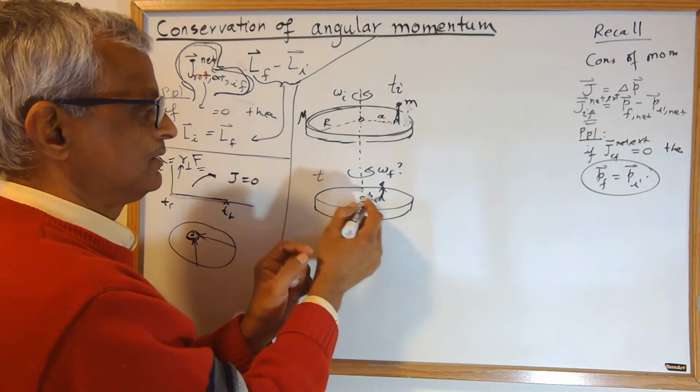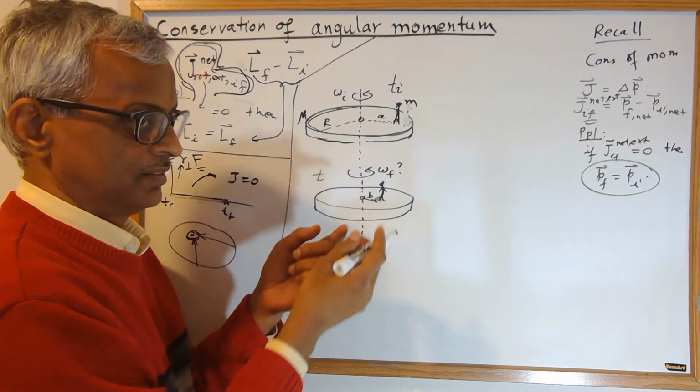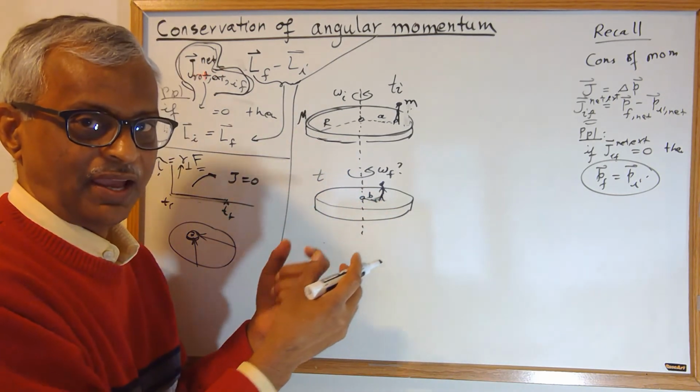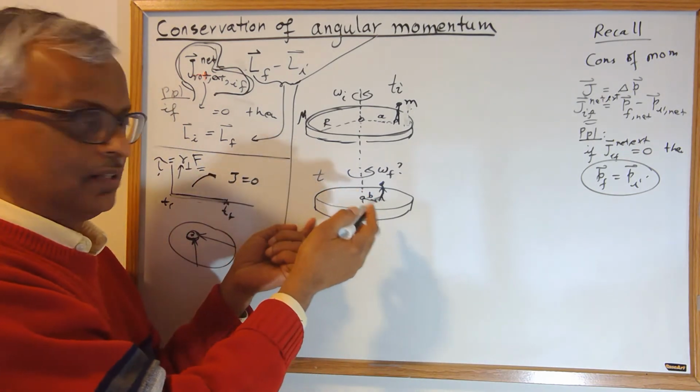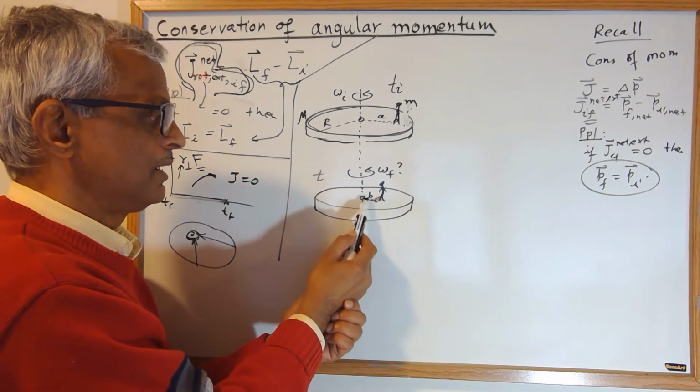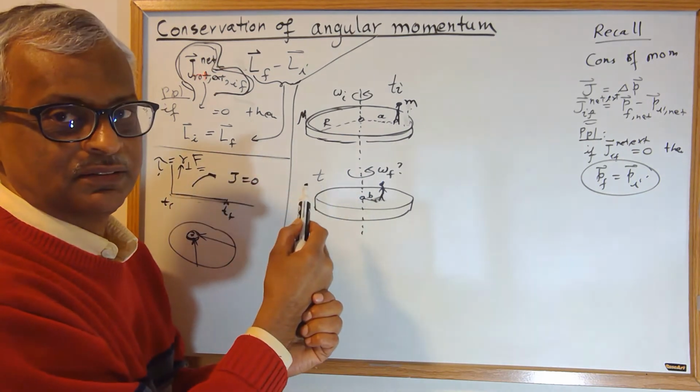For him not to slip, it has to be static friction of some kind between the two. So he's walking, and then he ends up at B at time t.